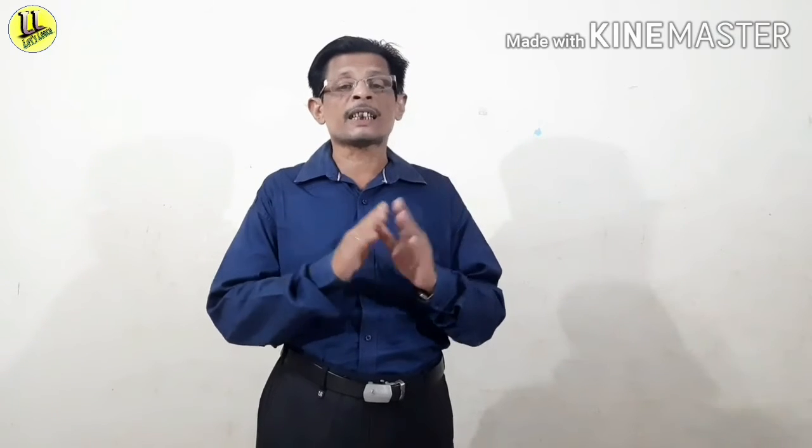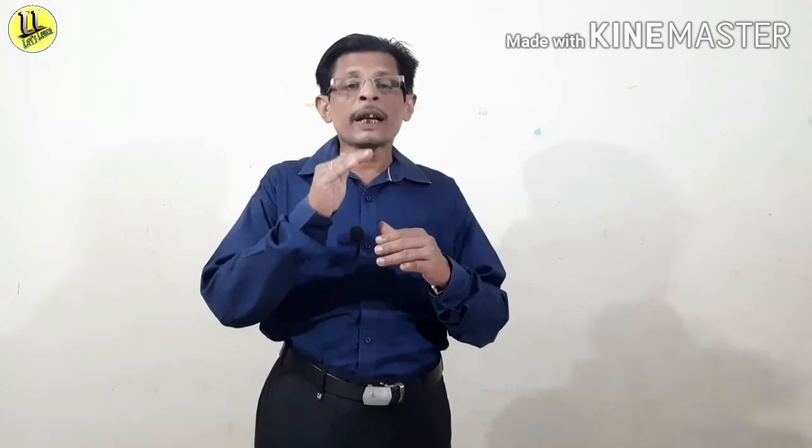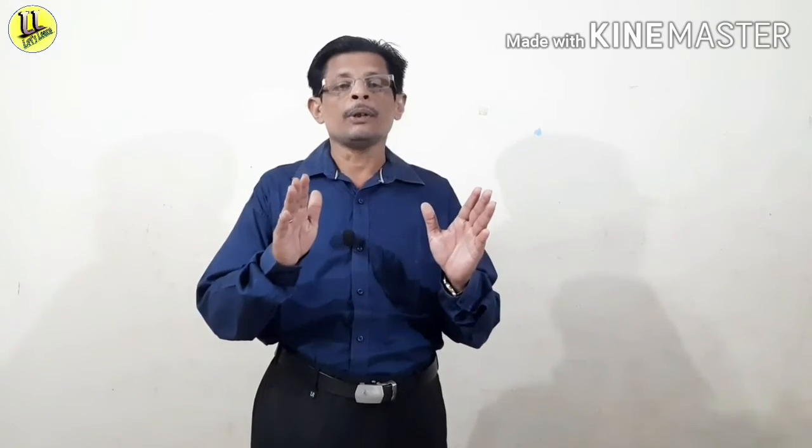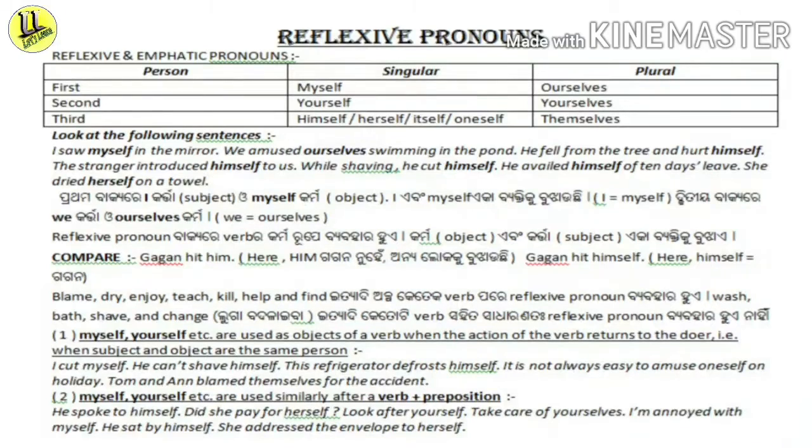Now, you mark the examples of how we can use these pronouns in sentences. Now, you see the examples. I saw myself in the mirror. Here, myself is the first person singular pronoun. We amused ourselves swimming in the pond.